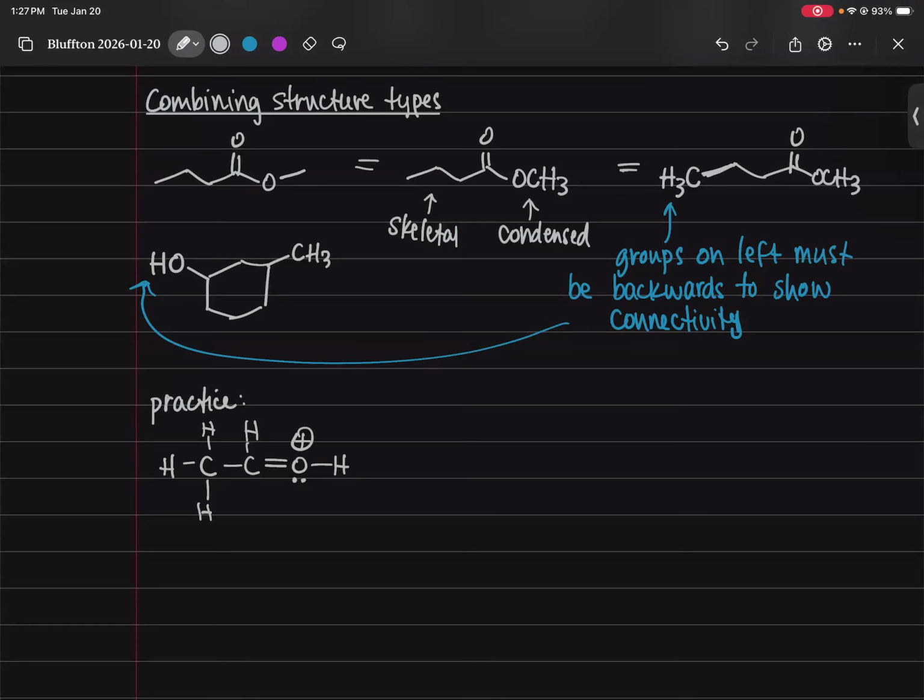Okay, so go ahead and take a minute or two. Draw me a skeletal structure of this compound. Make sure you have all the required items. And if there are optional items, they're optional. You can draw them or leave them off. All right.